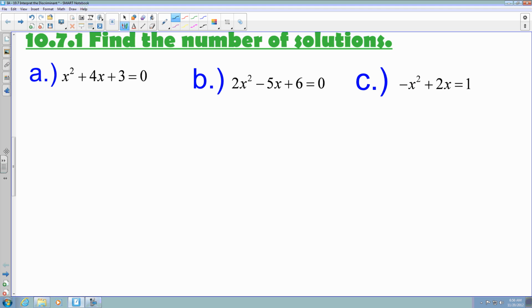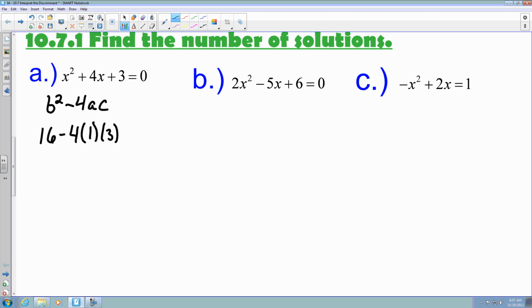So I write down b squared minus 4ac, which is my discriminant. So here I have my b is 4, so b squared is 16, minus 4 times a, which is 1, and c, that is 3.